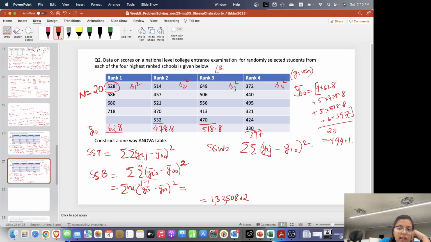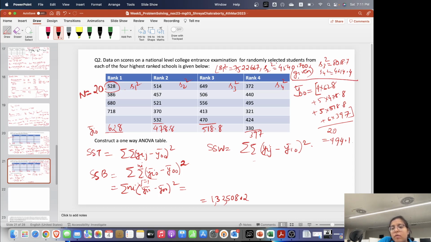For example, S1 square is 7522.667, S2 square is 4540.700, S3 square is 4618.7, and S4 square is 4614.4. Okay, let's say this is given to you.